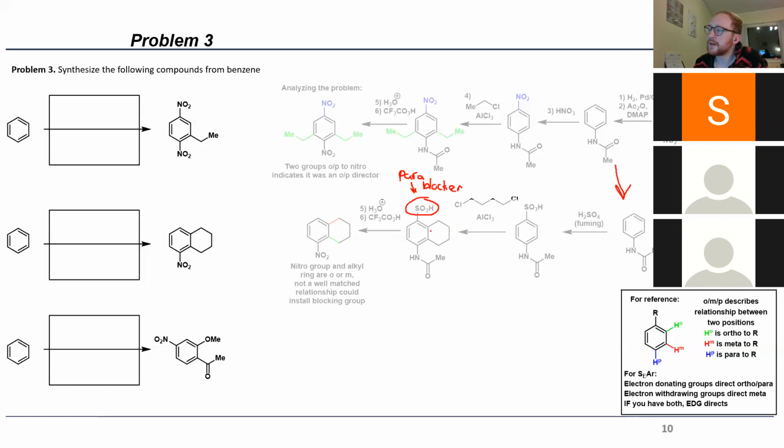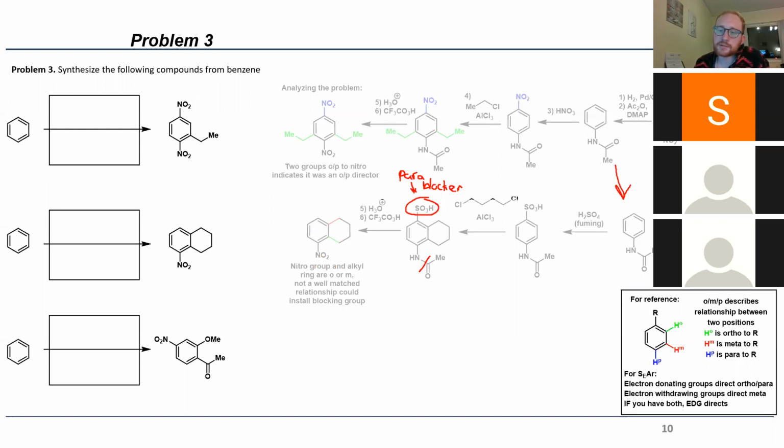And then cleavage of the amide under acid hydrolysis conditions, which we could also tune to get rid of the sulfonyl group, because we know that the way to remove sulfonyl groups is using dilute aqueous acidic conditions. And then once again, oxidation of the free amine with trifluoroperoacetic acid can reinstall the nitro group. And so in this way, we can resolve this mismatched relationship we have here.